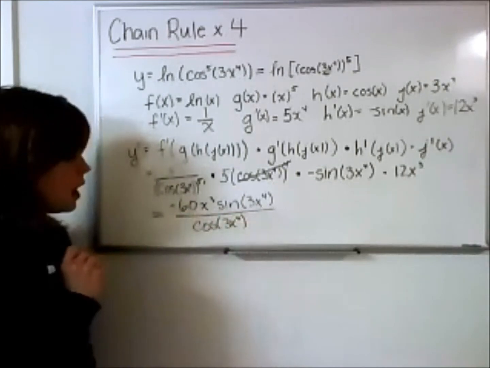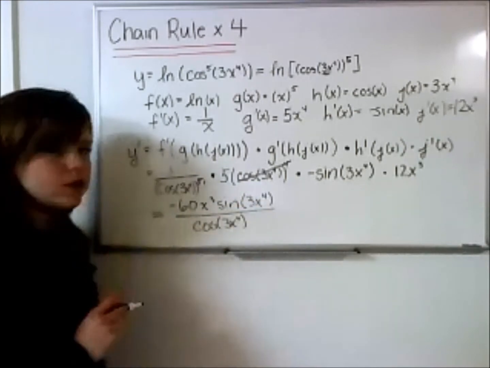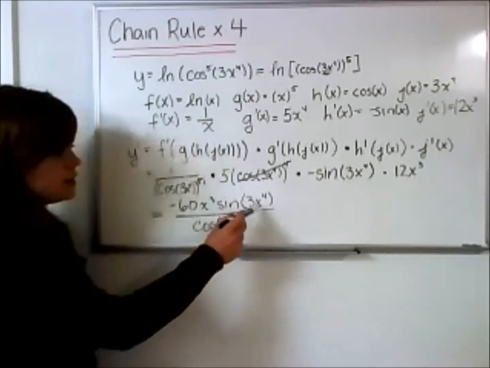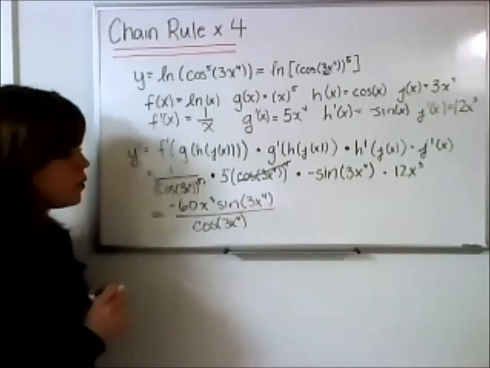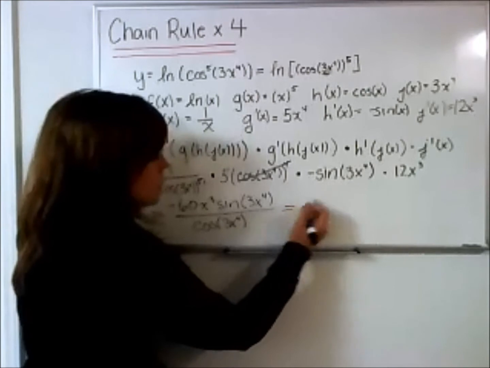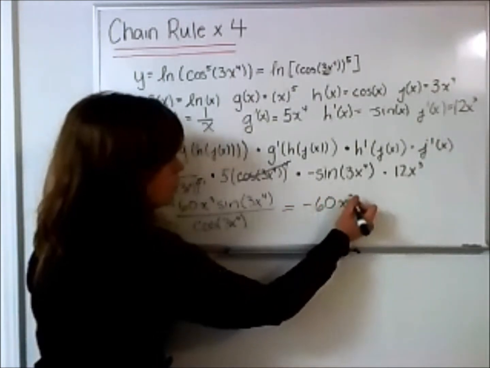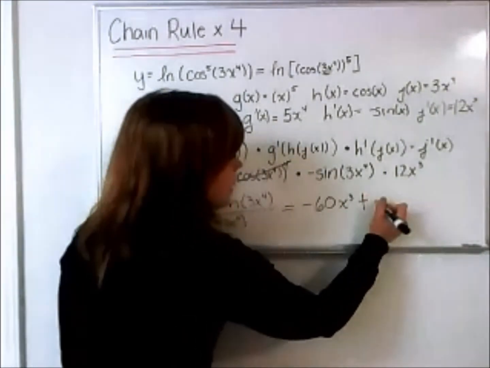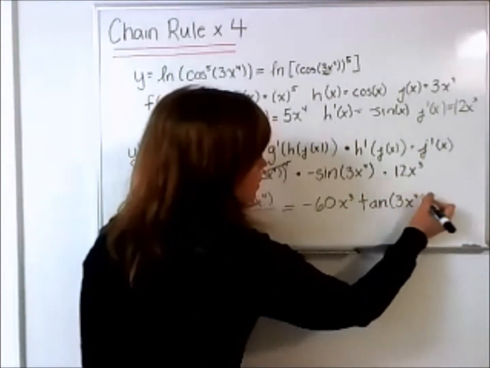Okay, and the last thing I noticed is that we have a sine of 3x to the 4th over a cosine of 3x to the 4th. So the same thing, again the same angle. So that sine over cosine is tangent. So we'll get a negative 60x cubed times the tangent of 3x to the 4th.